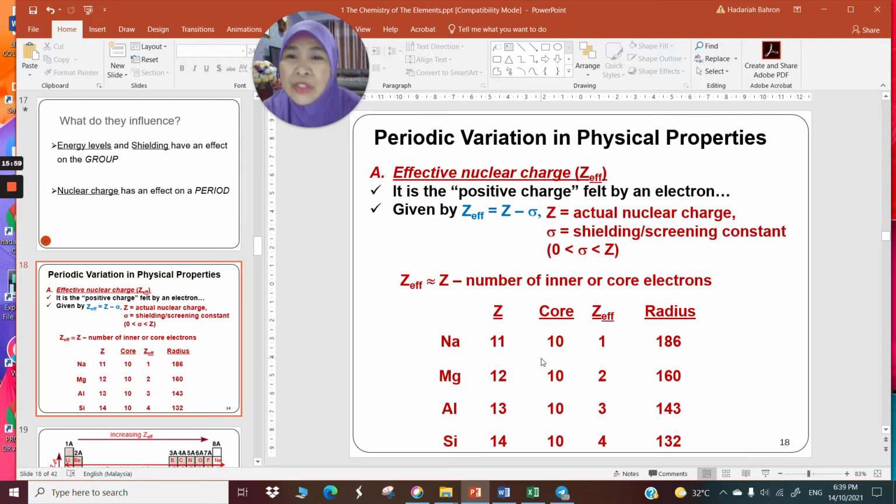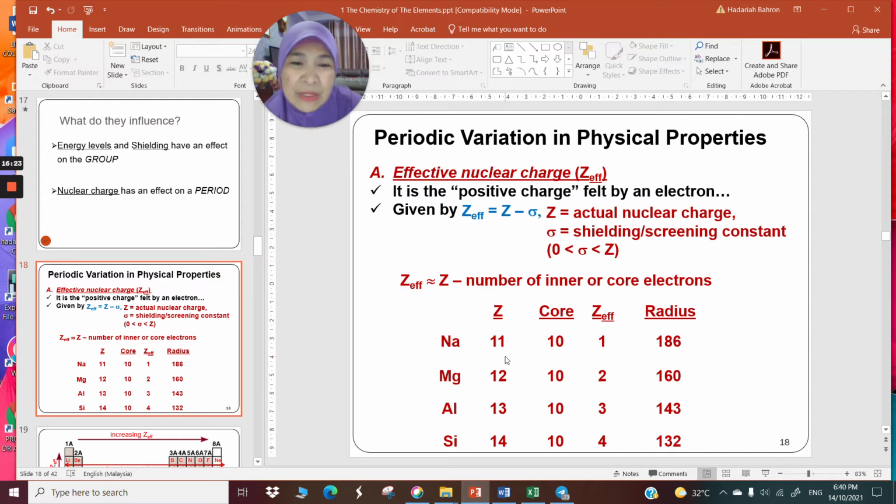For example, sodium is 2.8.1. That is very familiar to you. That means that one electron is the outermost electron. 2 and 8 are the core electrons. So in the case of sodium, there are 10 core electrons.